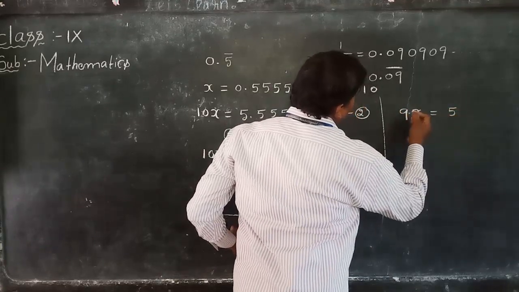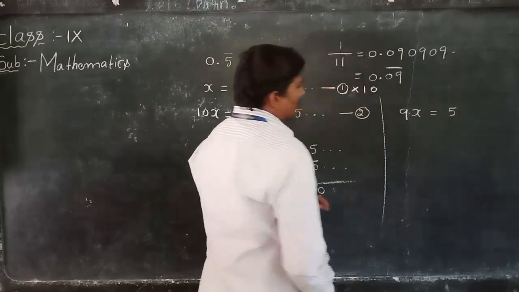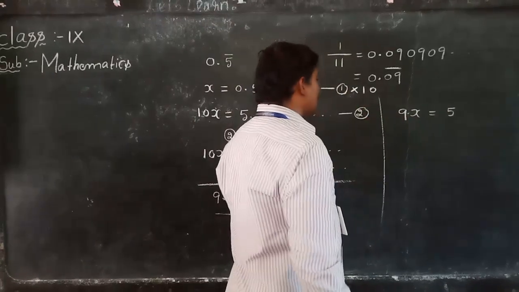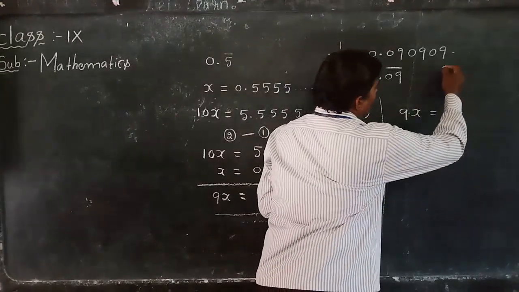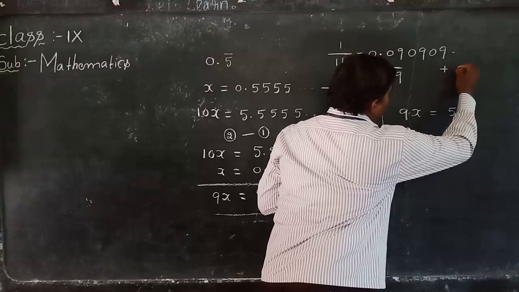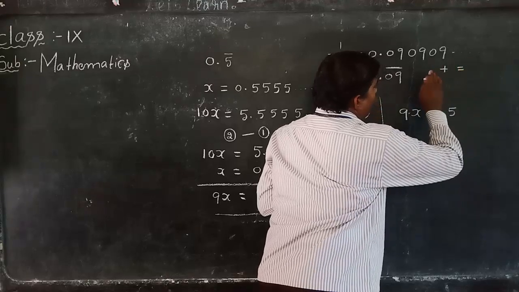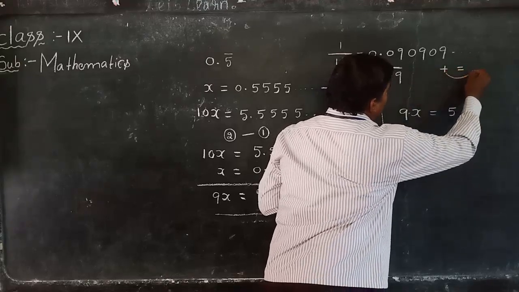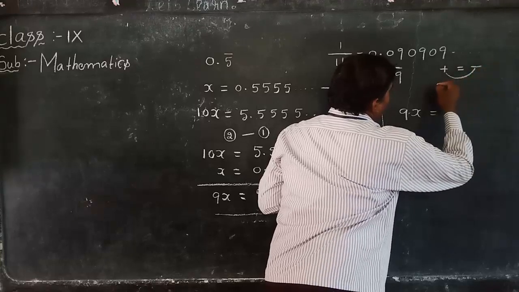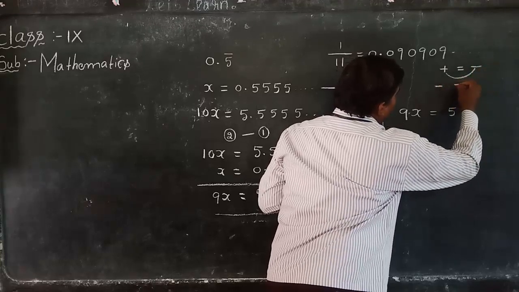Here multiplication, when it goes to the other side, means division. In equations, plus addition, when it goes to the other side, means subtraction; minus when it goes means plus.